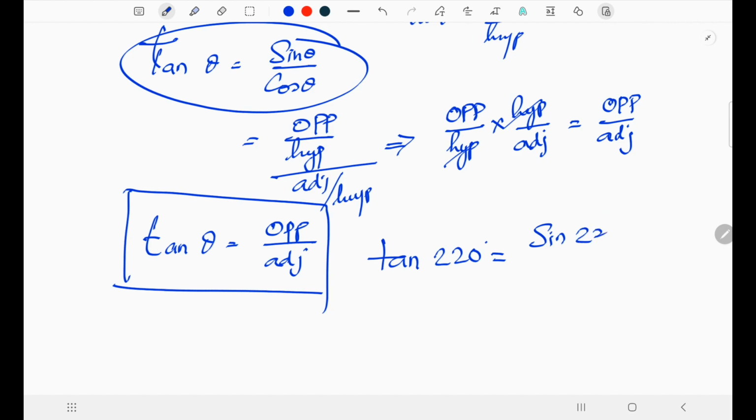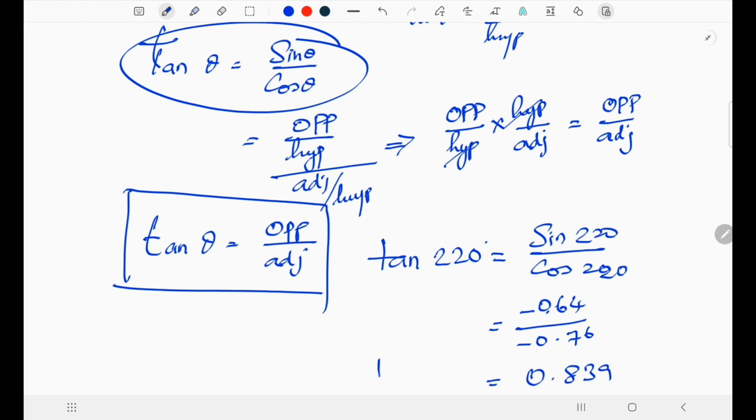Sine 220 degree divided by cos 220, which equals say minus 0.64 approximately divided by minus 0.76, and the minus gets cancelled, 0.839. So tan 220 is 0.839.